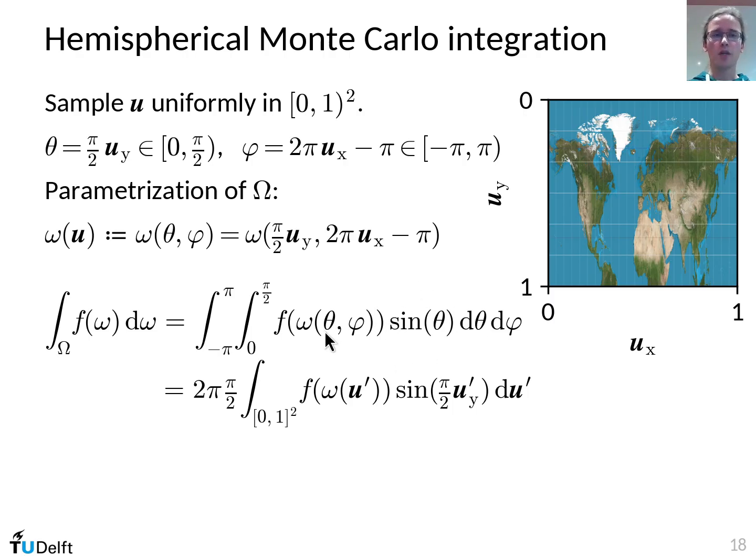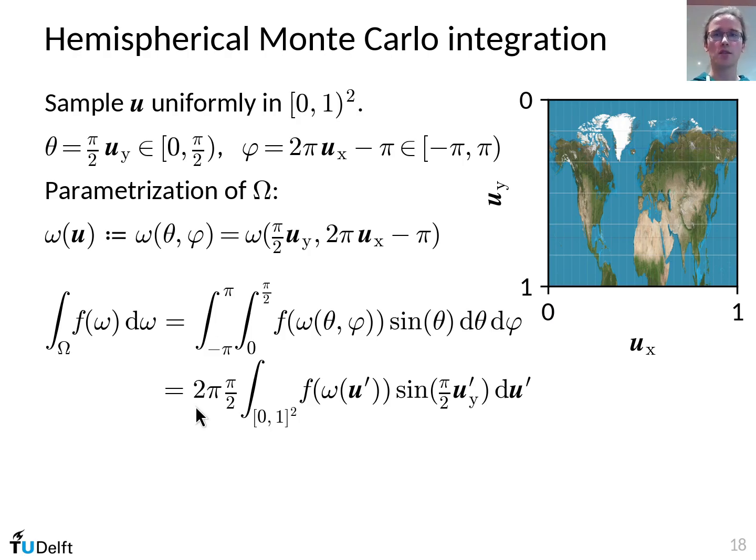And now we express theta and phi in terms of these random numbers as done here. So then what we end up with is this integral over the unit square. But of course we have changed our domain of integration here. We have squeezed it together a bit. So we need correction factors here to account for that.